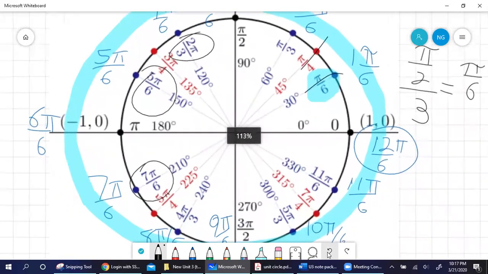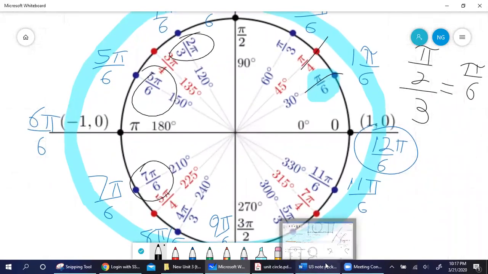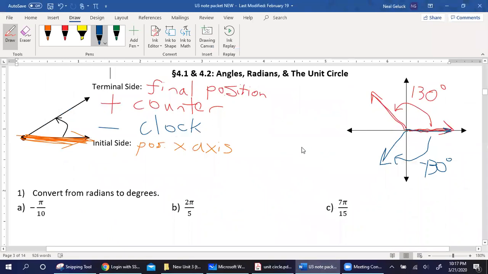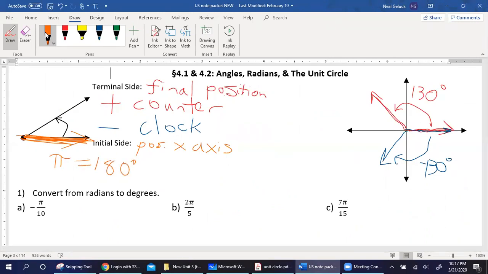So if you watch that short video, back to our regular notes, it mentioned that pi radians is 180 degrees, which again, we saw a half rotation is pi radians.